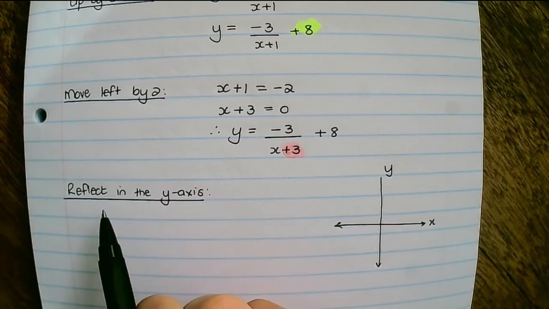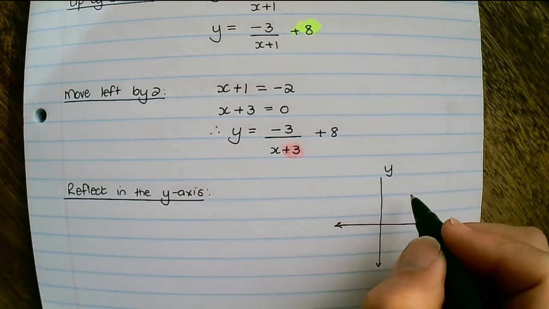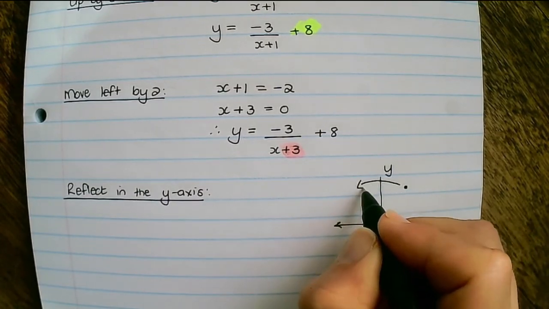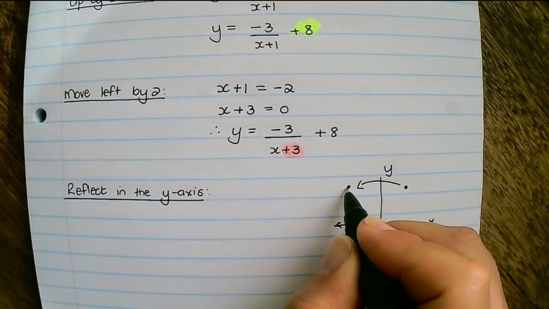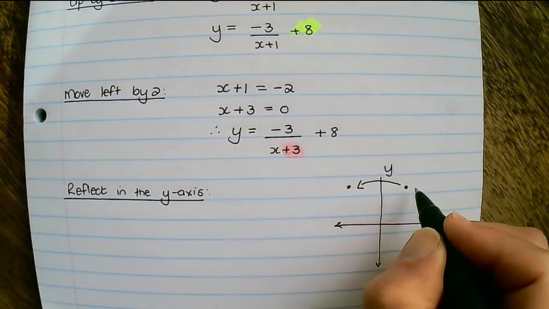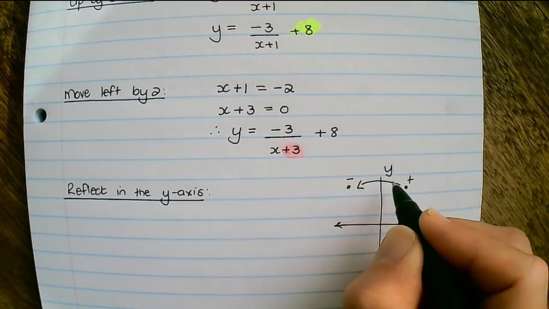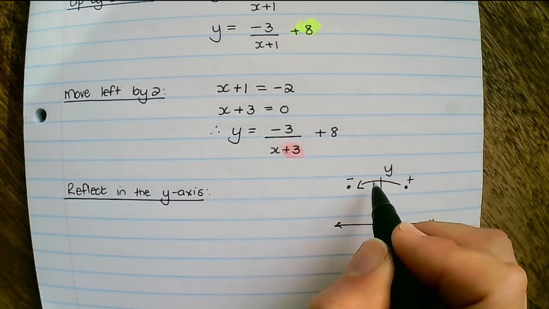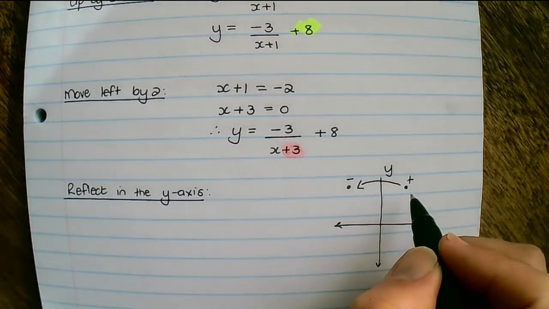And then lastly, I need to reflect the graph in the y-axis. So if I take a point and I reflect it in the y-axis, the y values would remain the same, but the x values would change from positive to negative or negative to positive. But notice when we reflect in the y-axis, only the x value changes sign.